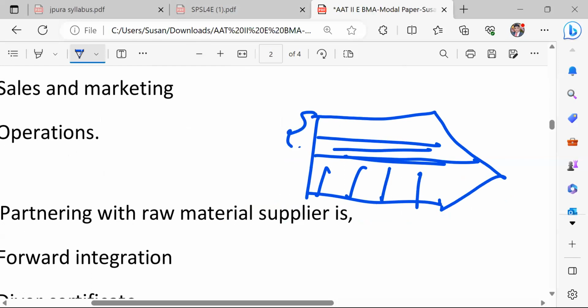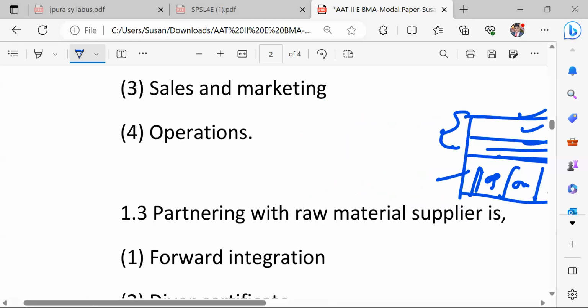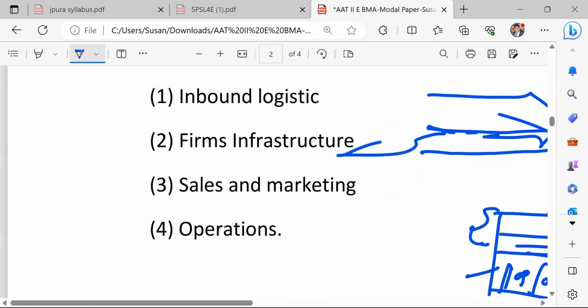Our support activities show here and primary activities show here. First are inbound logistics, operations, outbound logistics, sales and marketing, and service. Now here, firm infrastructure, human resource management, procurement, and technological development. Those are support activities.